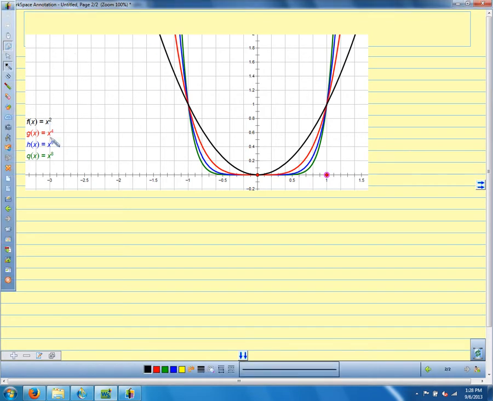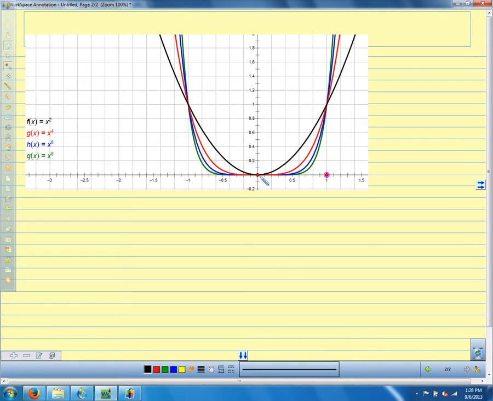So the black one is x squared, the red one x to the 4th, the blue one x to the 6th, and the green one x to the 8th. So our even numbers. Notice with our even numbers, they behave kind of like parabolas. They open up because our number here is positive.